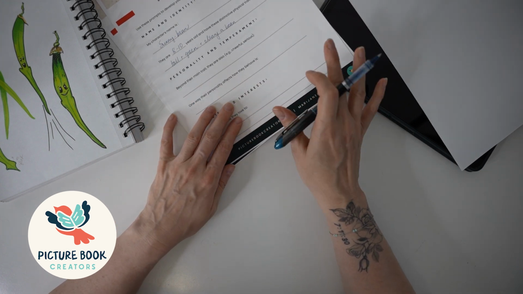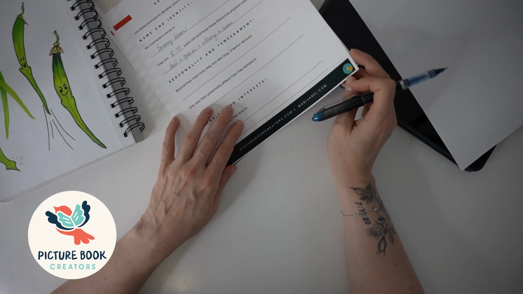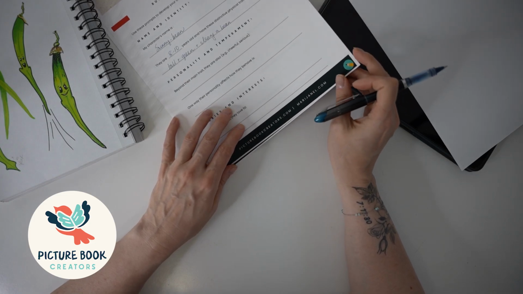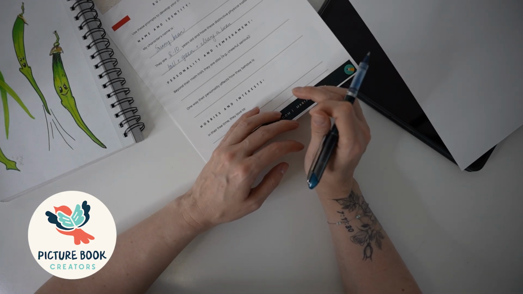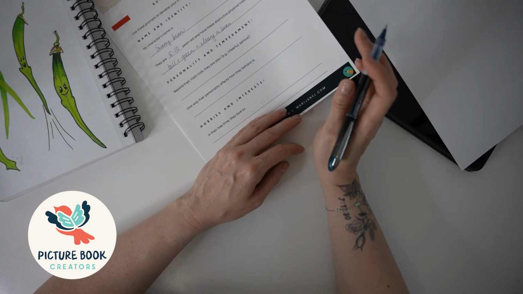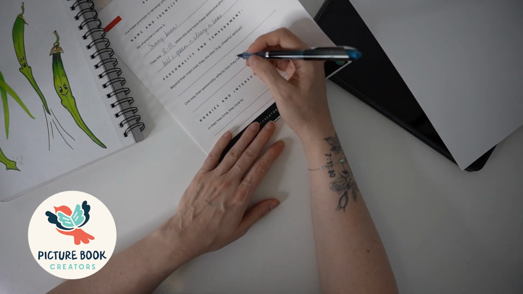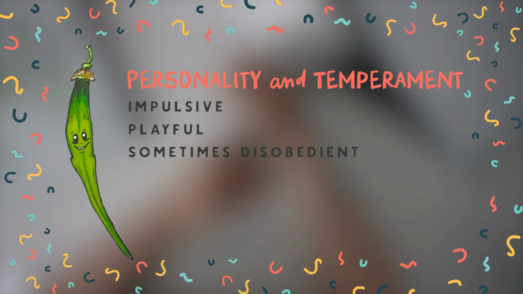So he's a little bean, he's full of energy, and I already know what's going to happen in the story. His mom's going to ask him not to do his jumping in a certain place in case he breaks something. And he just can't help himself. So because he's full of energy, he's impulsive, and it leads him to be a little bit disobedient to his mama. So I'm going to just write that down here for myself.